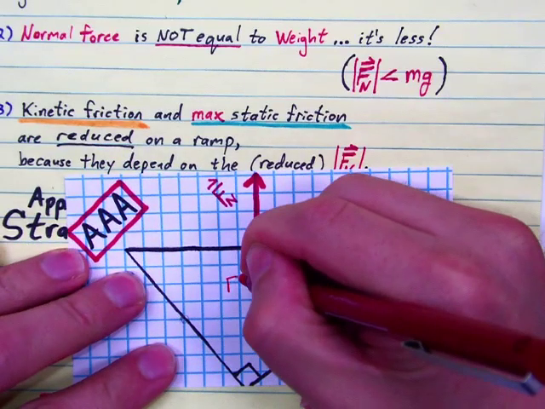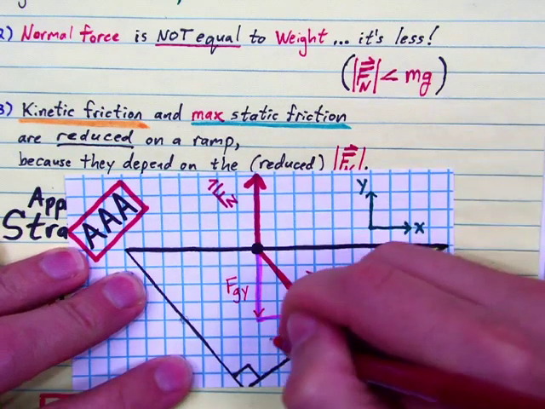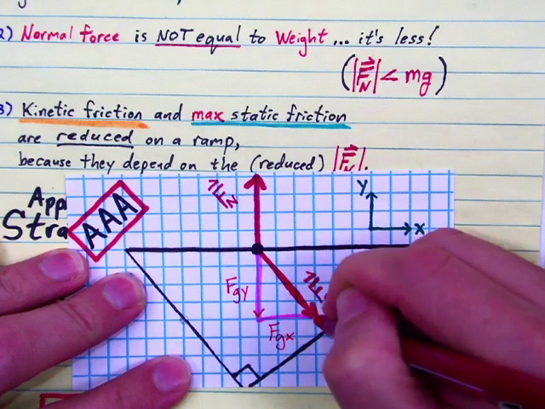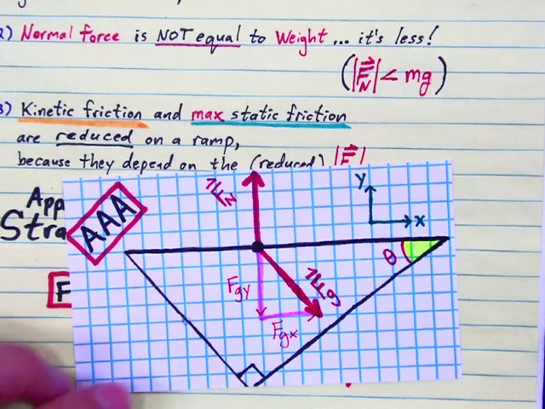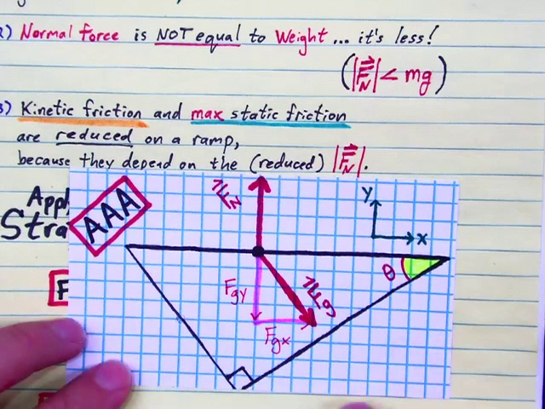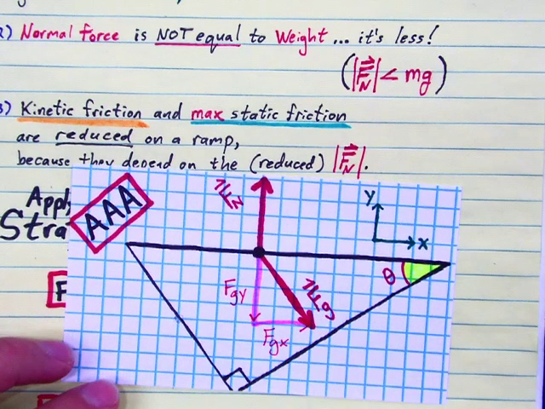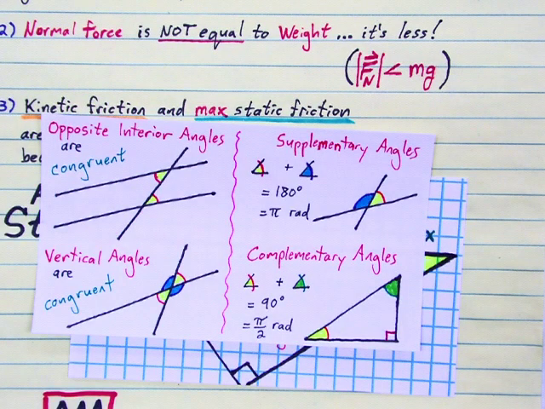This is FGY right here, pointing in the negative Y direction, and then FGX here, pointing in the positive X direction down the ramp. Once you've broken your force into components, we then need to do a bit of geometry to analyze this triangle. So we'll need your standard geometric principles here of Euclidean geometry.